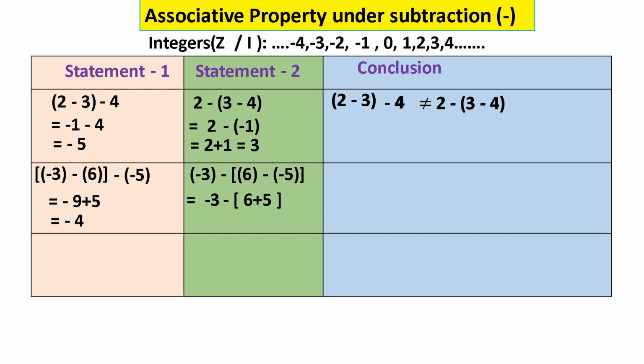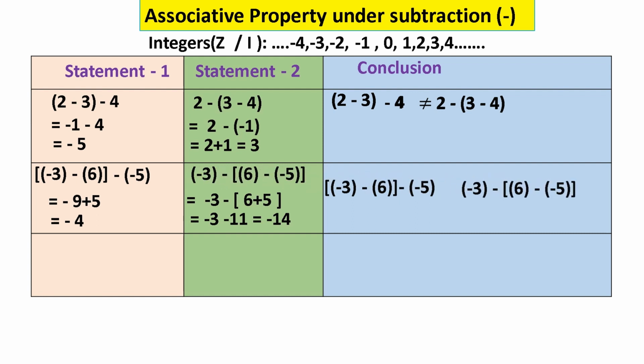Minus 3 minus of plus 6 minus of minus 5, which is plus 5. So minus 3 minus 11, we will get minus 14. From these two statements, we conclude that minus 3 minus 6 minus of minus 5 is not equal to minus 3 minus of 6 minus of minus 5.